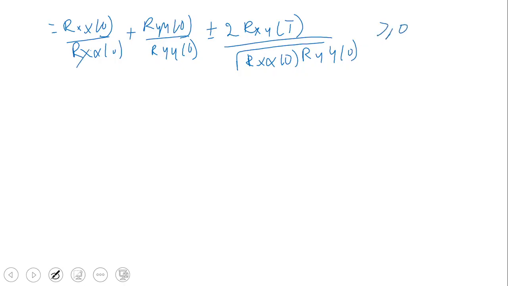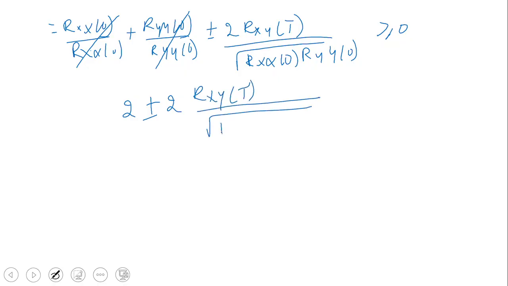So this becomes 1, this becomes 1. So 1 plus 1 is 2. 2 plus or minus 2 r x y of tau divided by square root of r x x of 0 r y y of 0 is greater than or equal to 0.